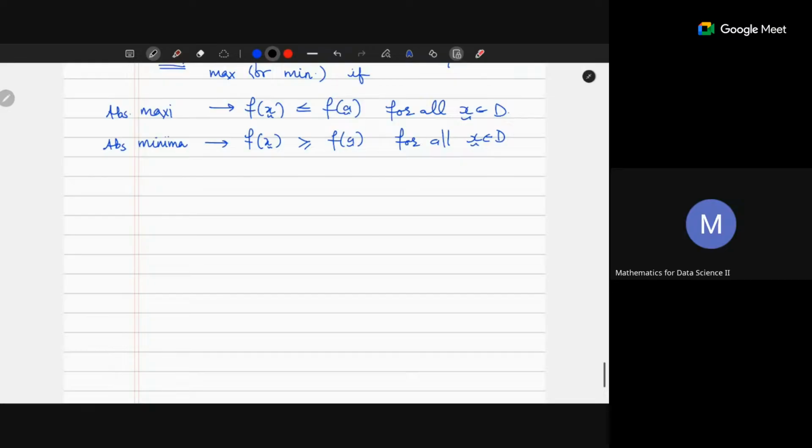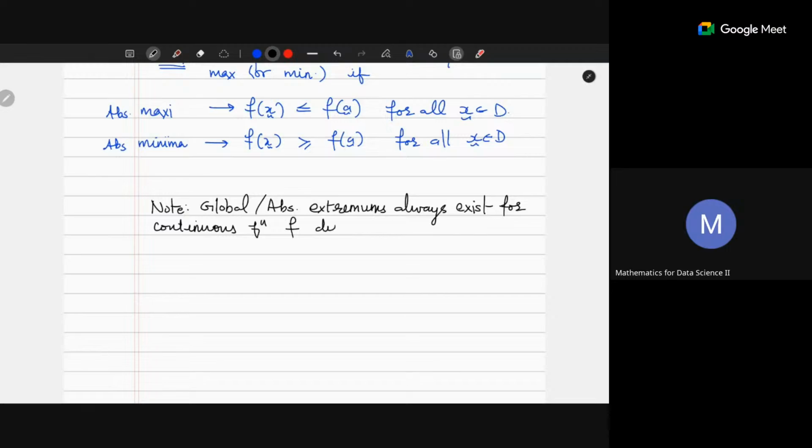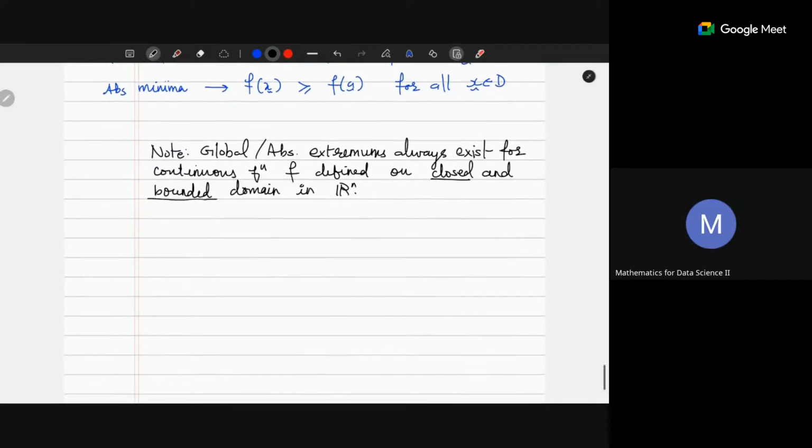So let me define: global or absolute extremum always exist for a continuous function f defined on a closed and bounded domain in R^n. Now, what is a closed domain?